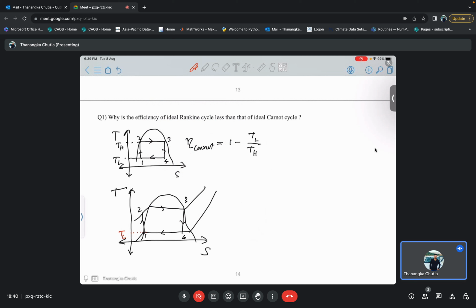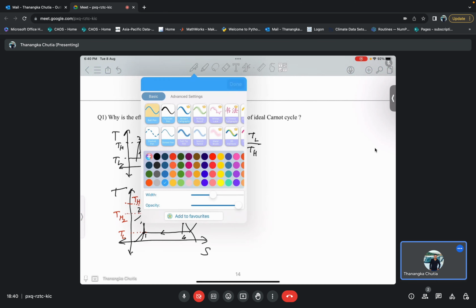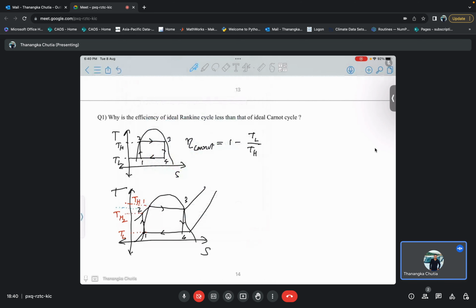Here there are two temperatures, TH1 and TH2, and many other temperatures in between. So what will be my TH? We can take a mean temperature of heat addition, say TH mean. Then eta Rankine will become 1 minus TL upon TH mean.